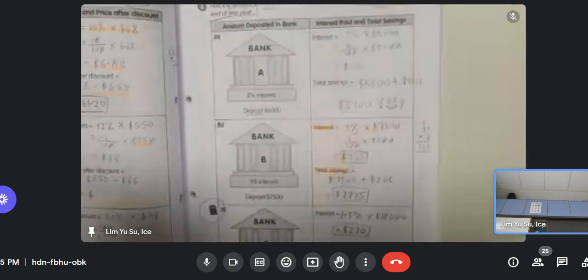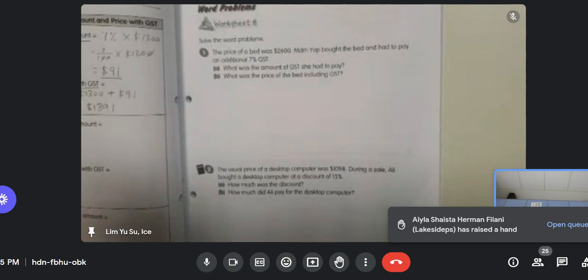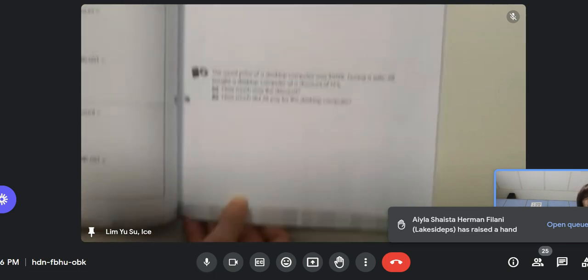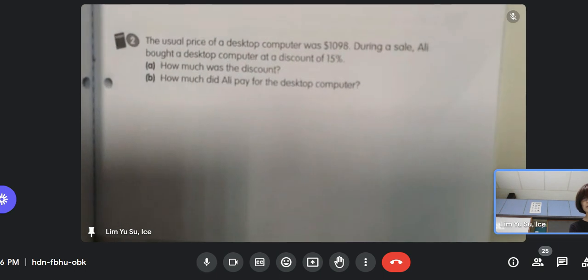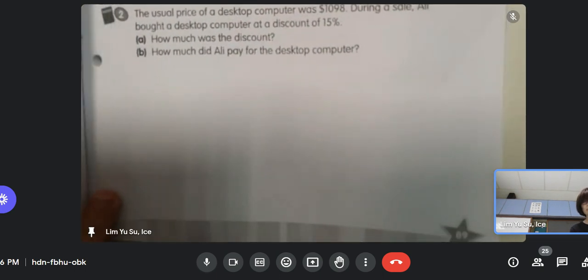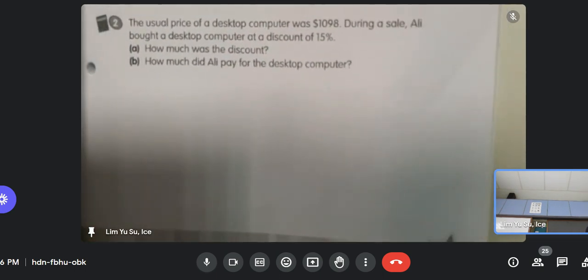Okay, I am going to the word problems here. Deal with the calculator questions first. Can you see? Okay. You cannot see me on the screen here. Oh, you can see my face only.